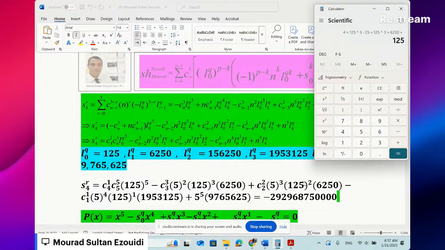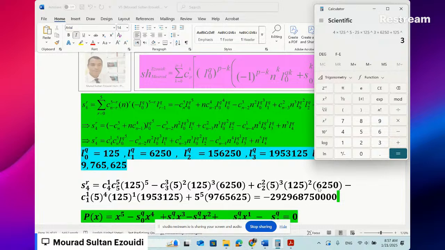You see, 125 cubed. Why? Because this is a square, this is raised to the power 1. 125 to the power 1 times 125 to the power 2 is 125 raised to the power 3.